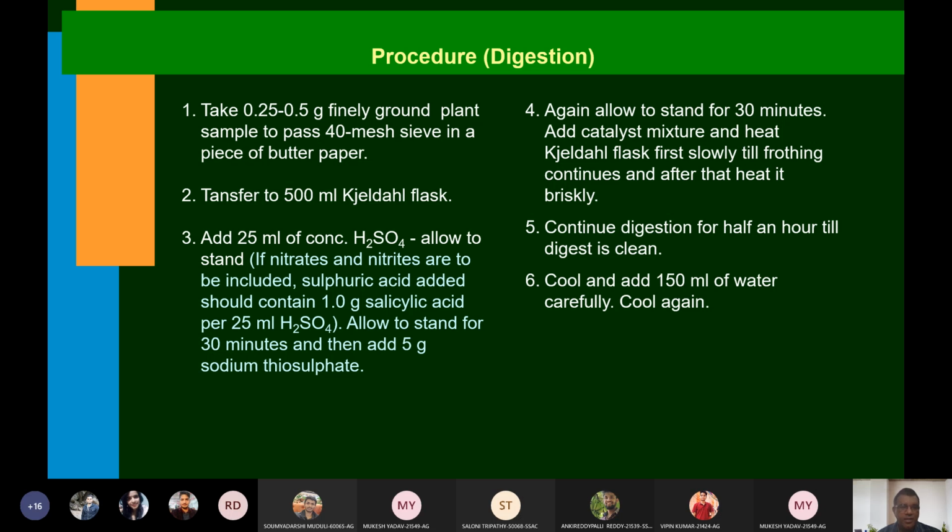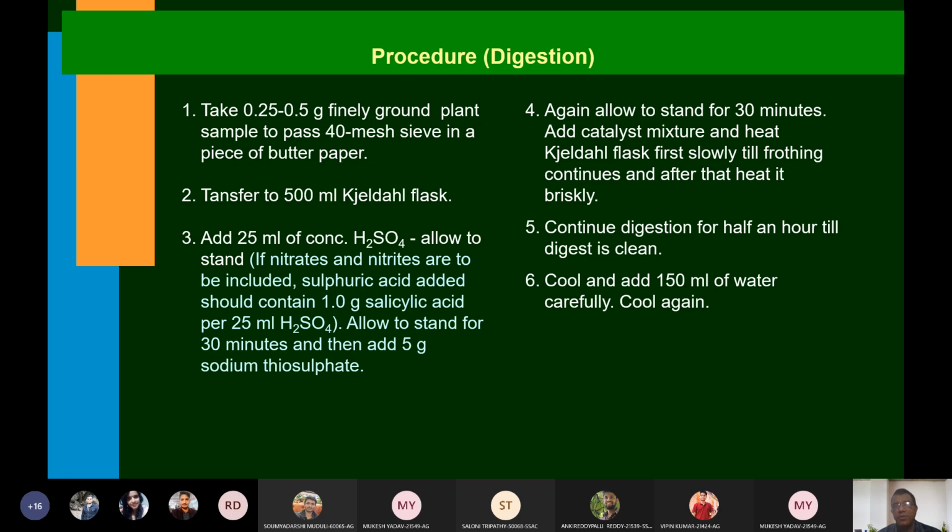And in this case, if you are going to analyze nitrate and nitrite, if you have a soil sample, that is the only difference. If you have soil samples and you want to analyze total nitrogen, total nitrogen includes nitrogen in organic material and nitrogen in inorganic form. Inorganic plus organic nitrogen.